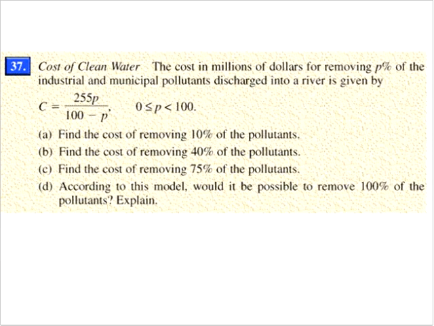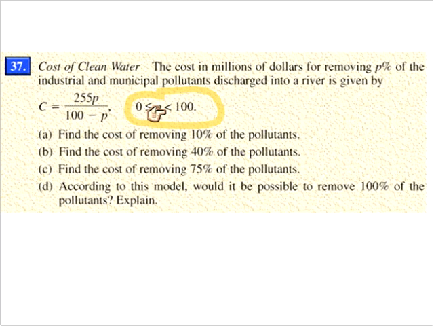D asks, according to this model, would it be possible to remove 100% of the pollutants? Now you can go and say no, because every time I plug in a bigger percentage, the value increases dramatically. Another way to tell is you are given a restriction here on P. If we notice, is there an equal bar right there by 100?